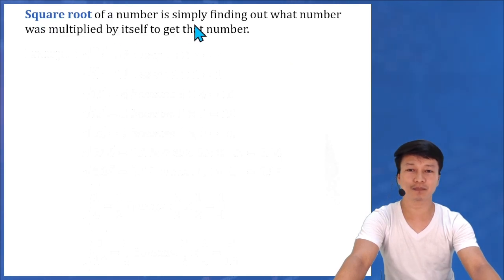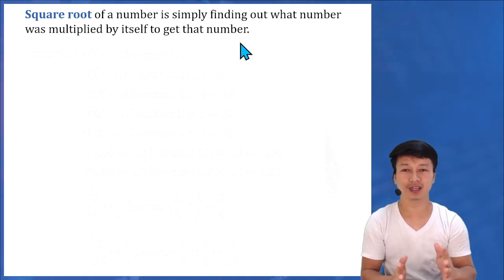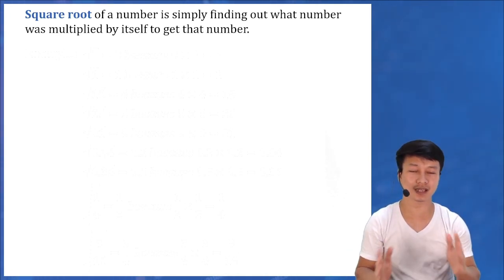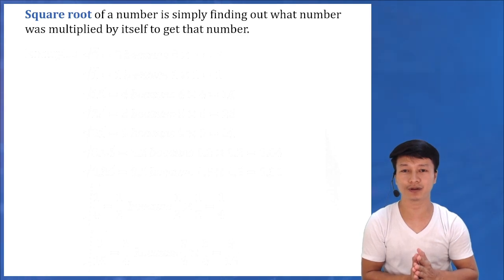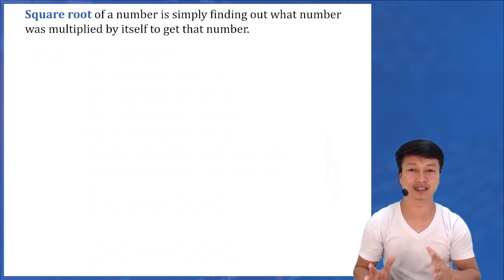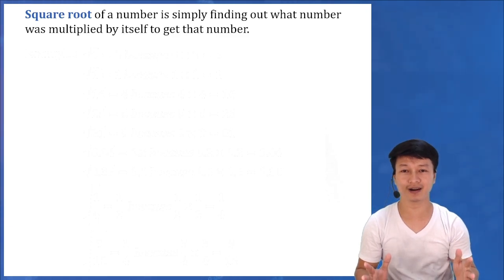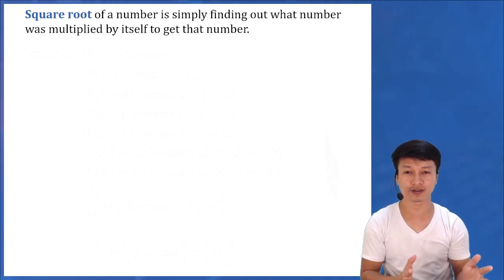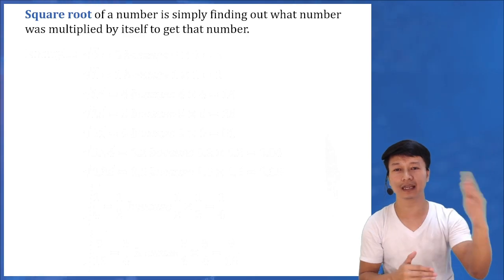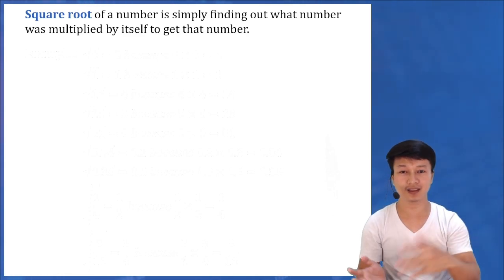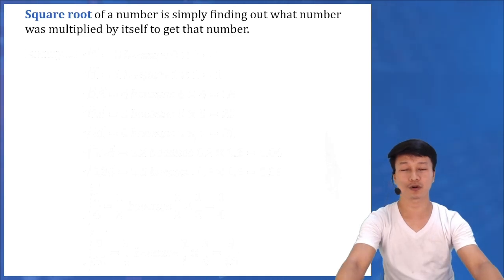The square root of a number is simply finding out what number was multiplied by itself to get that number. So just like I said, we need the concept of perfect square numbers to identify the square root because they are reverse operations. Squaring a number, its opposite is finding the square root.